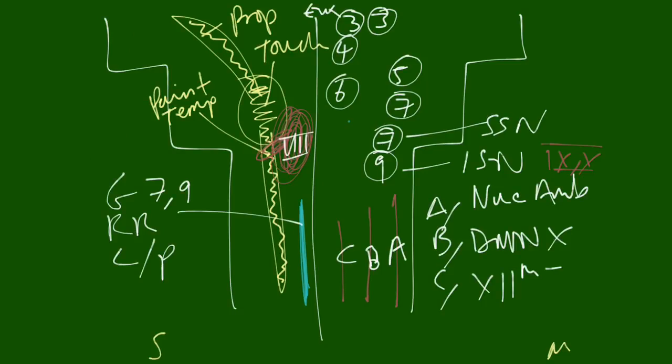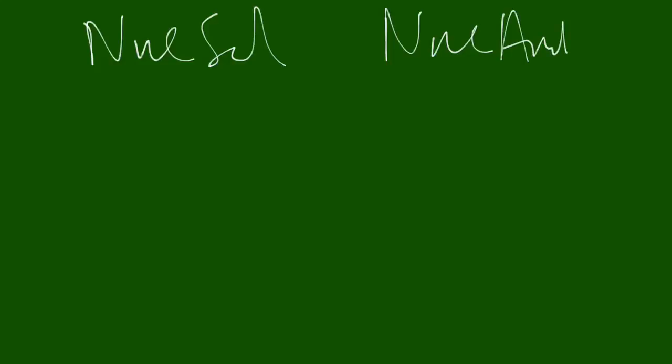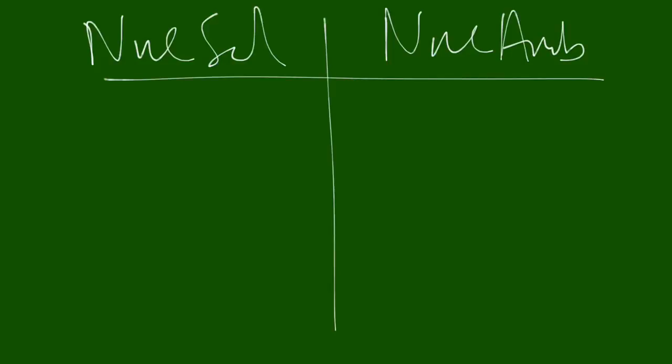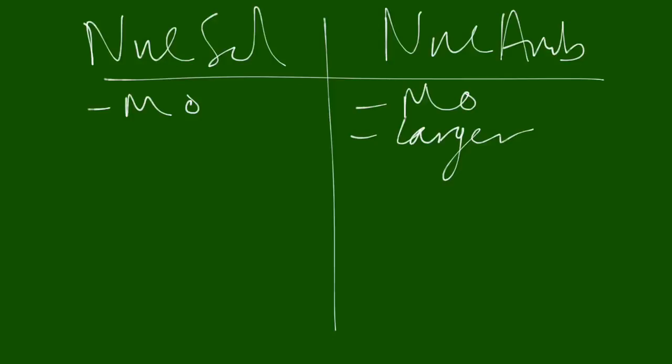And then we've got these 3 columns, A, B, and C: the nucleus ambiguus, dorsal motor nucleus of 10, and cranial nerve 12. So you could often be asked, what is the difference between the nucleus solitarius and the nucleus ambiguus? Well, they're both in the medulla. They're both quite large, but this one's larger. The nucleus solitarius is involved with quite a few nerves.